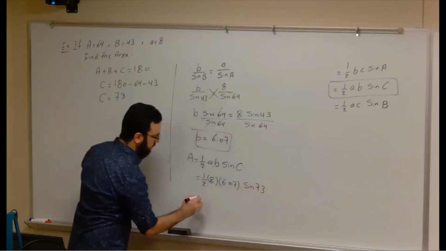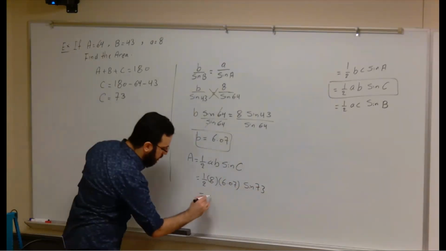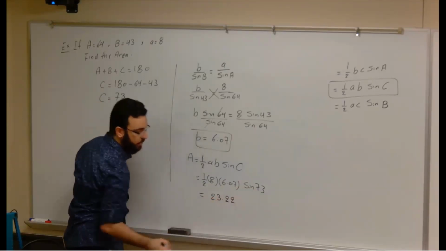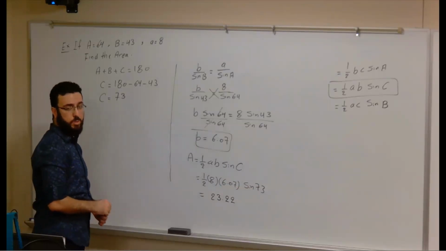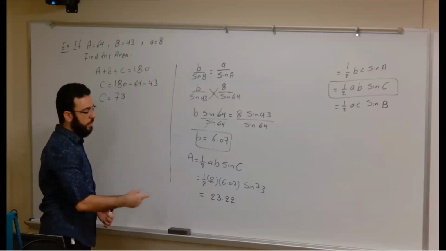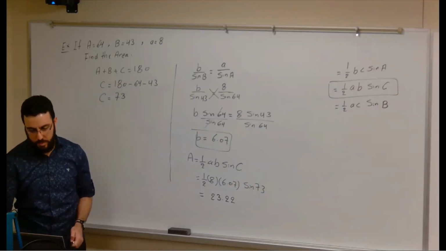So tell me how much is going to be the area? 23.22. What's the number after 2? 9. It's 23.219, so it's gonna be 23.22. Yes. You got it?